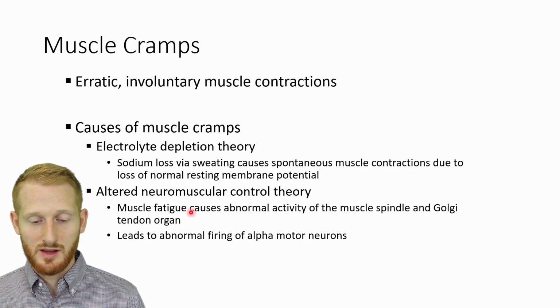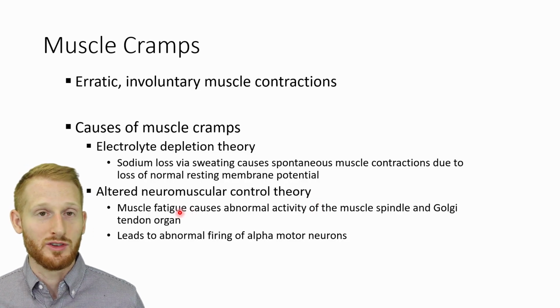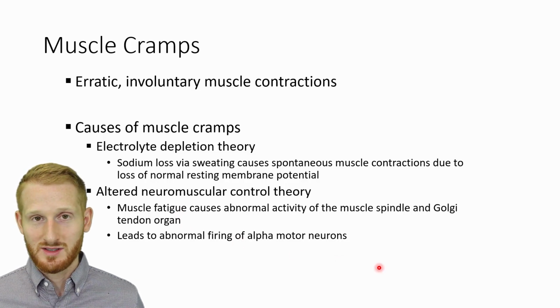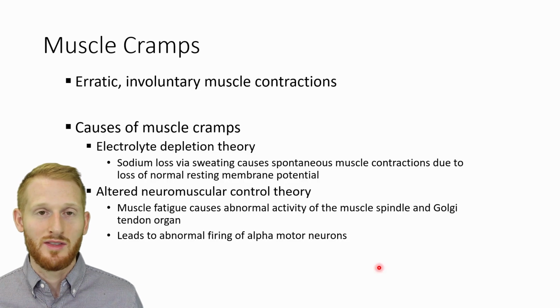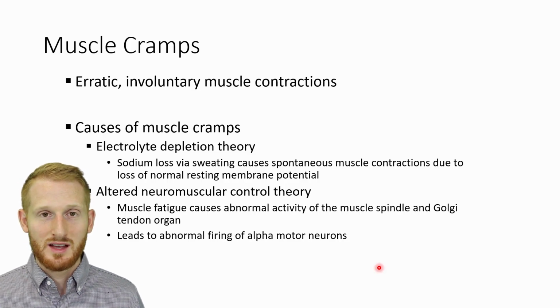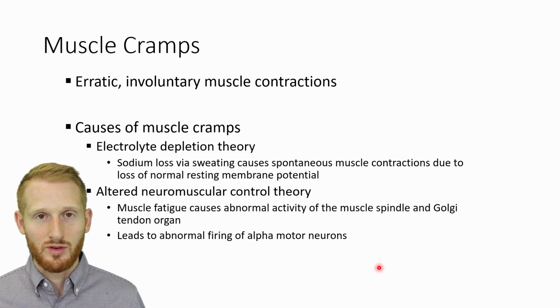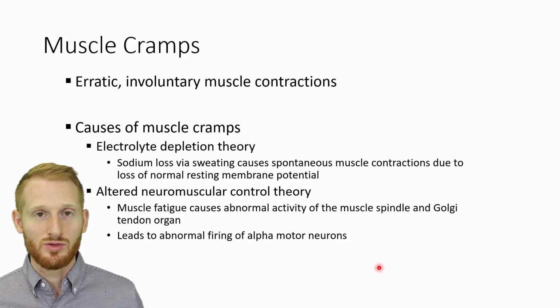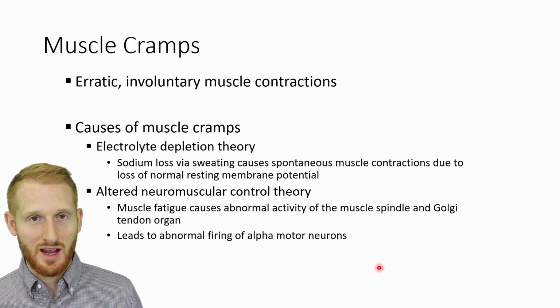The other theory here is the altered neuromuscular control theory. So you have these different muscle afferents. Think the muscle spindle and the Golgi tendon organ that together help to modulate the muscle's action. The Golgi tendon organ tends to calm the muscle down a little bit.